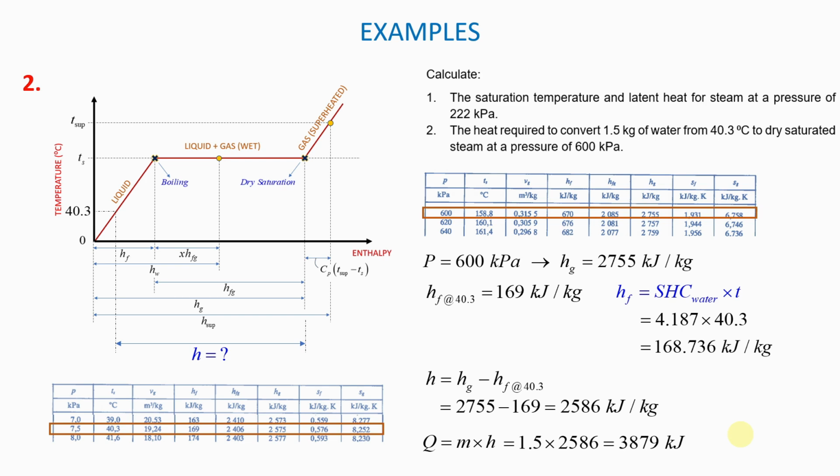So that is the heat needed to take 1.5 kilograms of steam from a temperature of 40.3 degrees to dry saturation, okay?